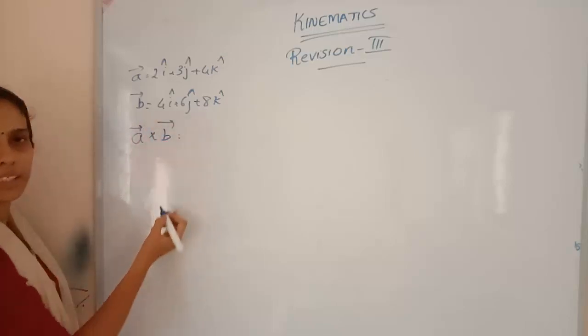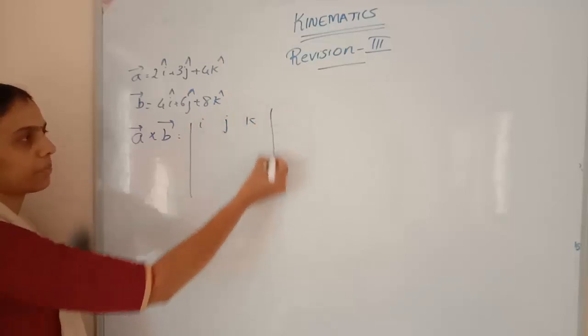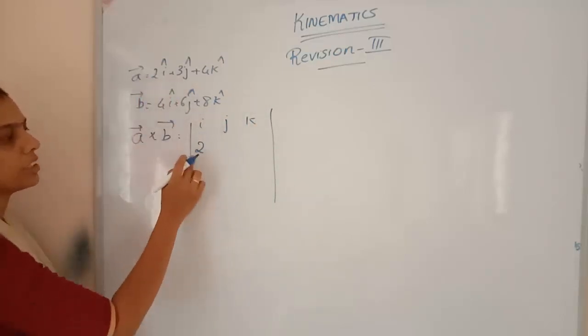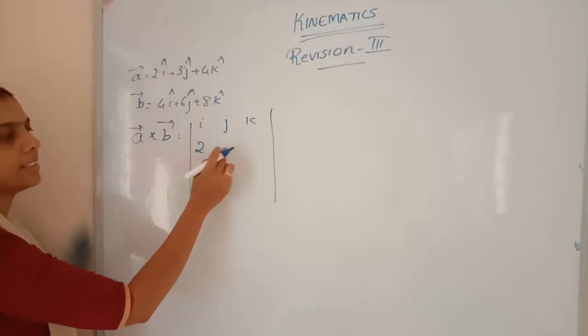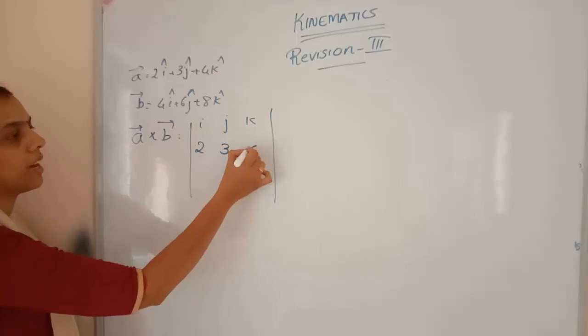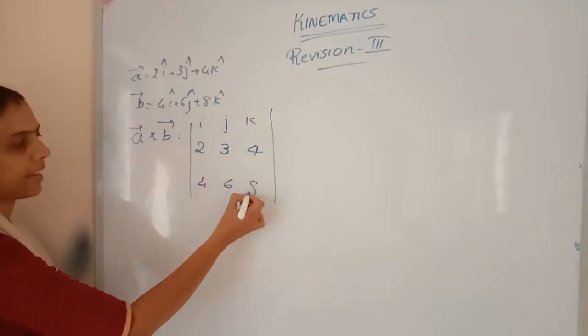How will we find A cross B? Write i, j, k. Then for the A vector, write down the respective coefficients of i, j and k: 2, 3 and 4. For B, it is 4, 6, 8.